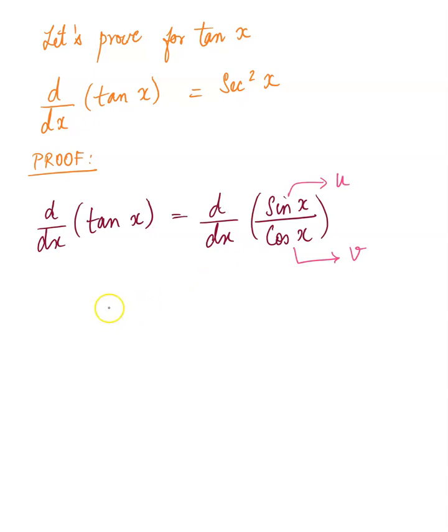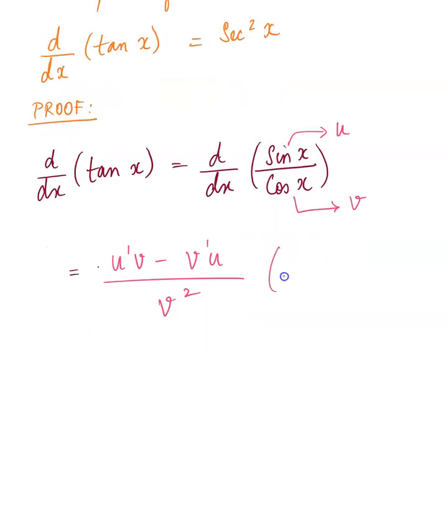So the quotient rule says, maybe I'll just write it in, u prime v minus v prime u over v squared, right? That's the derivative formula for the quotient rule.